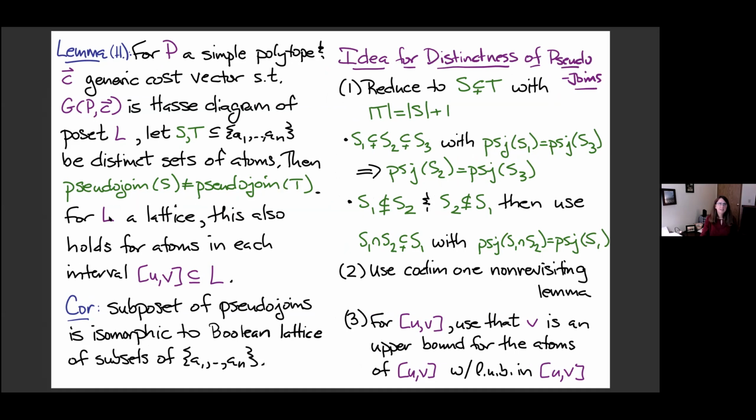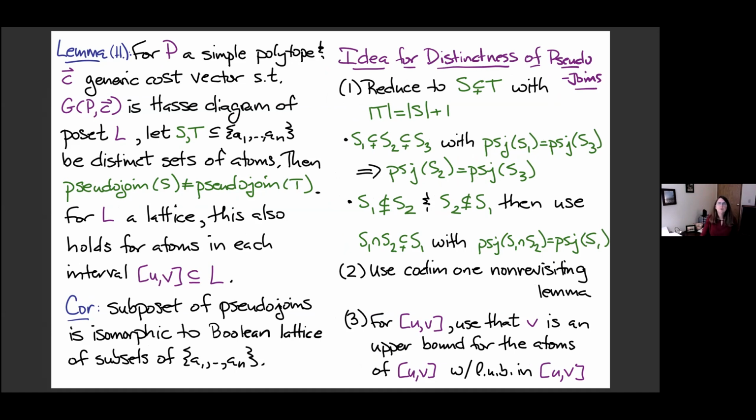And in the case of a lattice, this also holds for the atoms of any closed interval within the lattice. A corollary of this is that the subposet of pseudojoins within your overall poset L is isomorphic to a Boolean lattice, where you can identify the elements with the various subsets of A1 through AN.